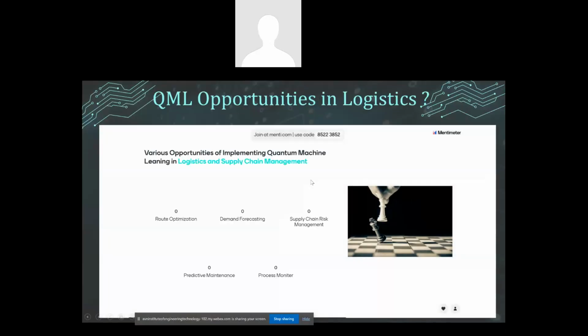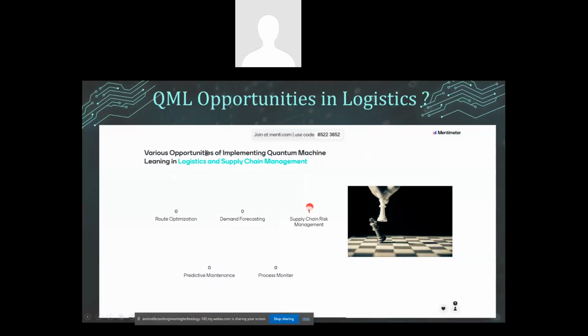So in QML, we are implementing quantum machine learning in a lot of industries. One of the industries I have mentioned here is logistics and supply chain, which is a huge topic.